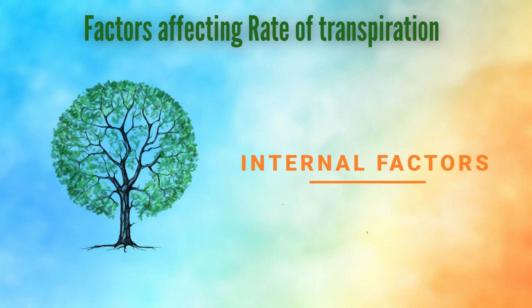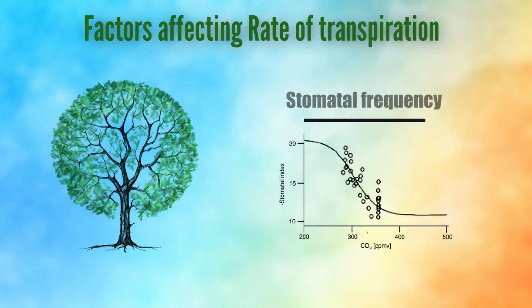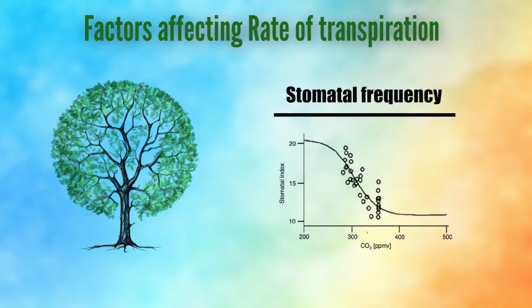Among the internal factors, first is the stomatal frequency. Stomatal frequency is the number of stomata per unit area of leaf surface. So, the more the frequency, if all the stomata are open, then the rate of transpiration will be more.